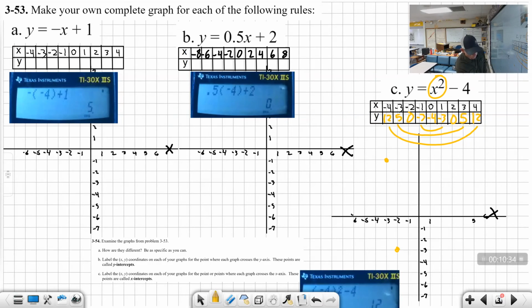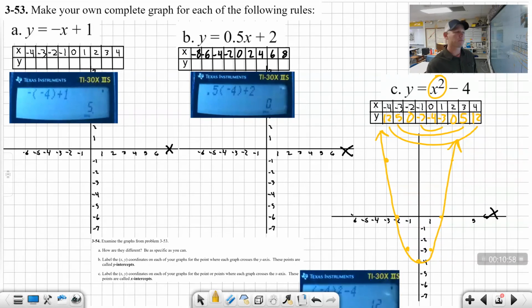I know that seems weird. Whoops. 2 comma 0. My apologies. Negative 1, negative 3, 0. Notice that we have an axis of symmetry. We had this problem at the very beginning of the year when we were doing the algebra walk.